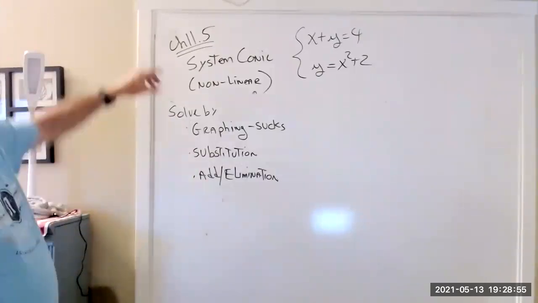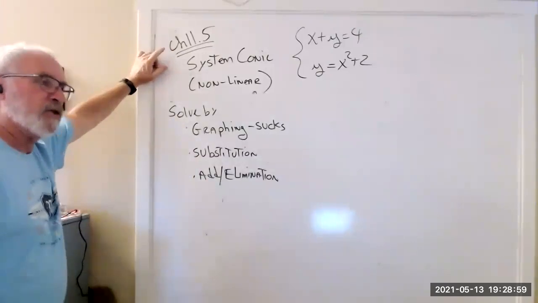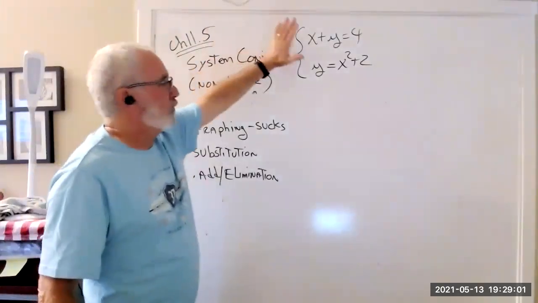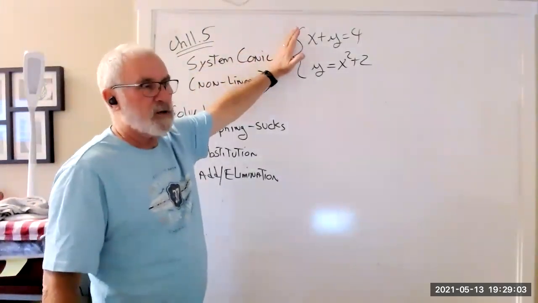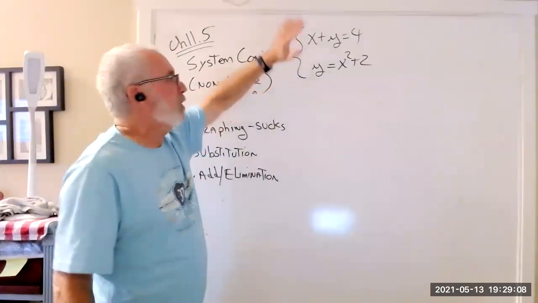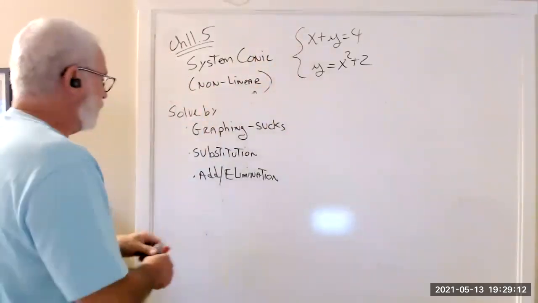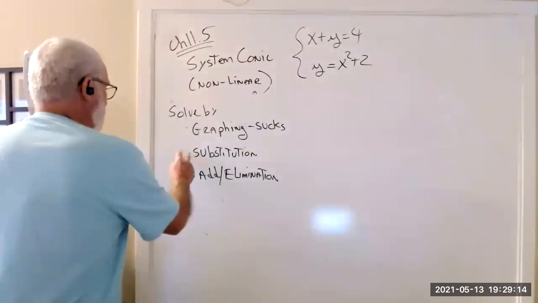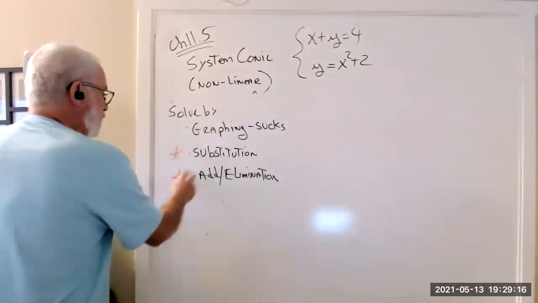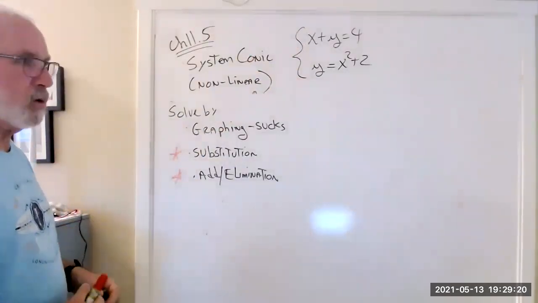So that's what we're going to be doing in section 11.5: we're going to be trying to solve a system of equations that aren't straight lines, that are conic sections in some way. And we're going to use primarily substitution or addition, elimination. That's going to be our goal.